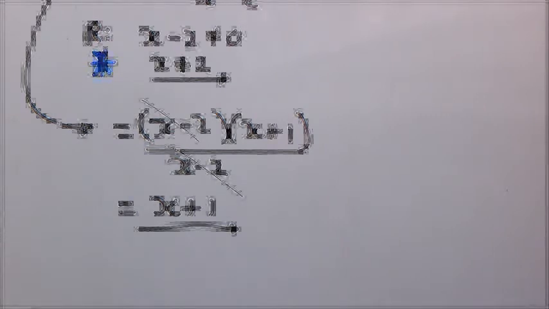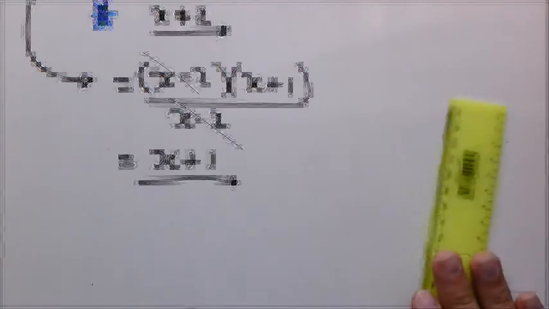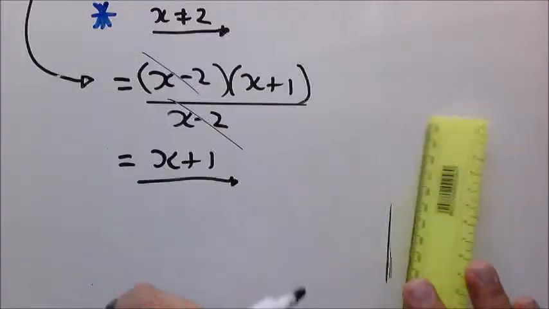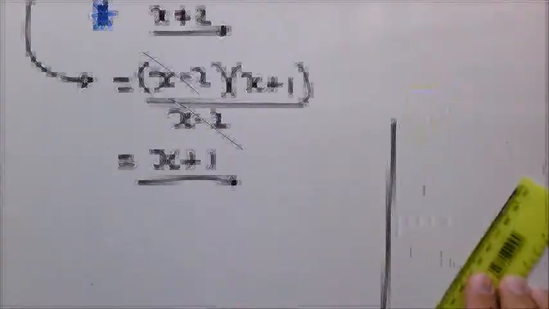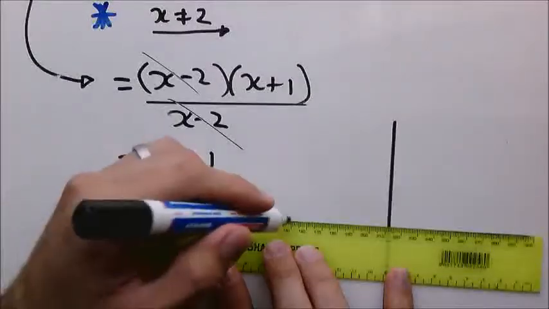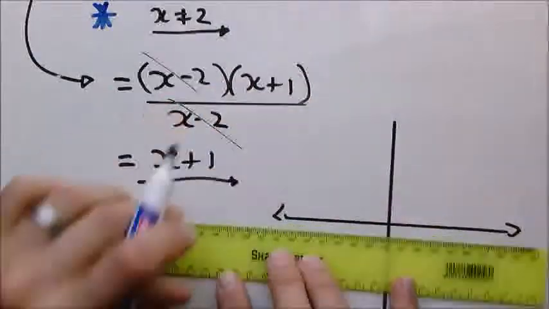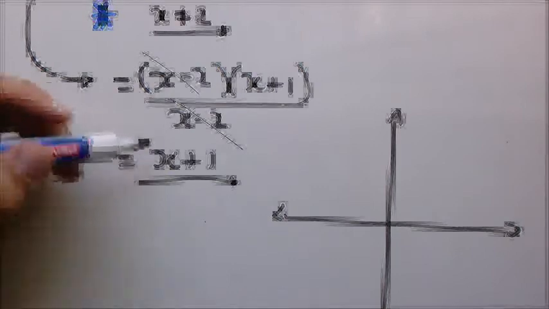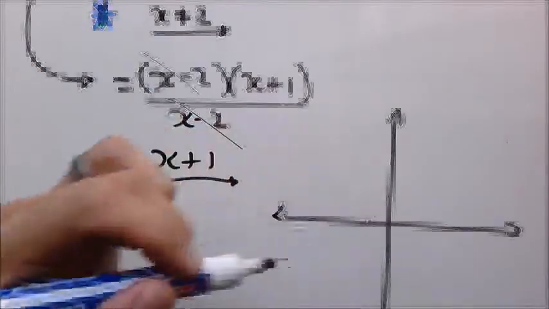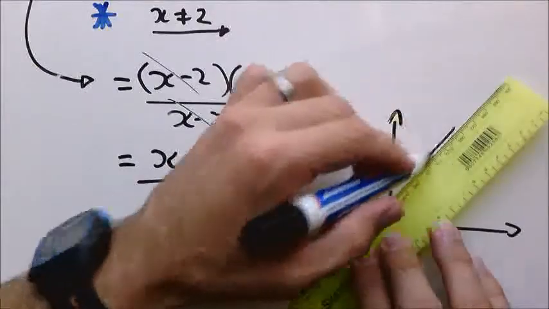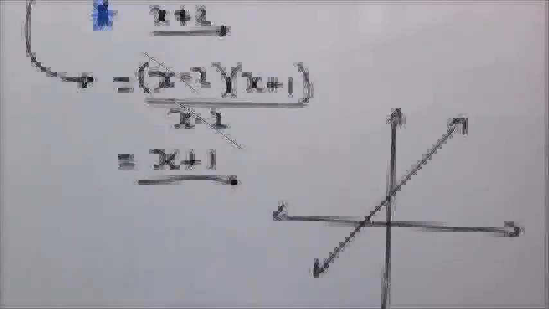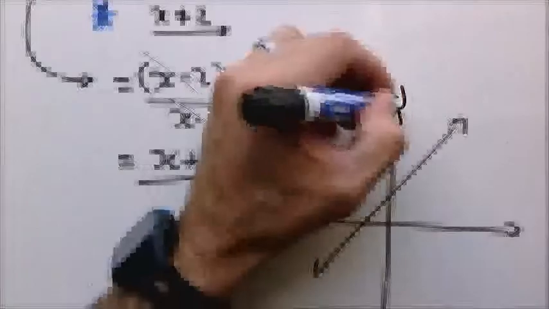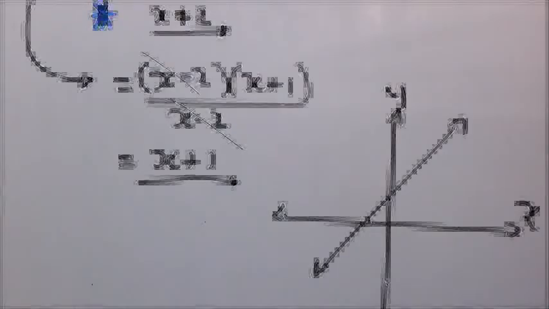Okay, so let's draw this graph now. And you will see that this is a straight line graph, x plus 1. One that's very easy to draw. It is a plus 1 gradient. The y-intercept is 1, so it will just look like this. But now we need to keep in mind that we had a restriction. Our restriction was that x may not be equal to 2.